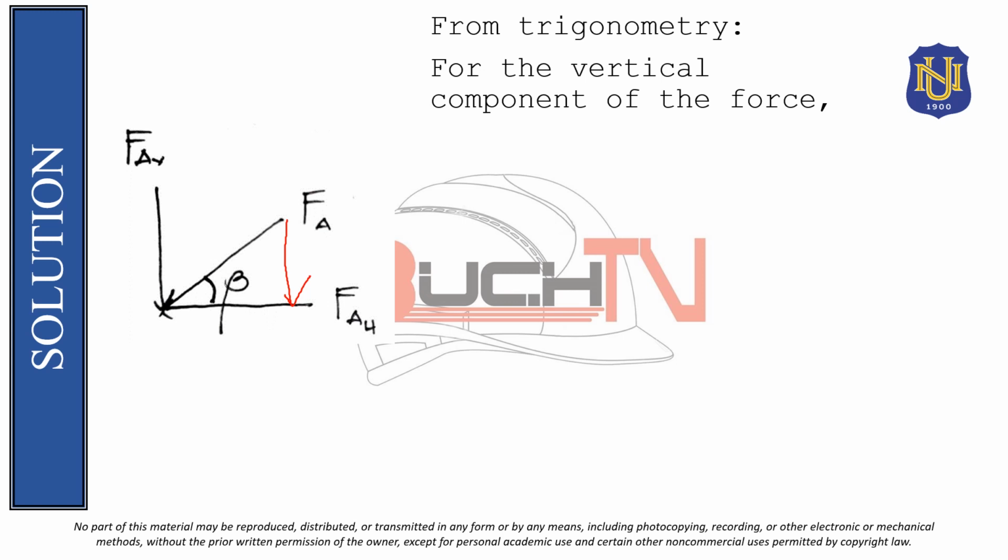So pwede nating sabihin na coming from SOHCAHTOA, that is sine is equal to opposite over the hypotenuse. So that is a sine of beta equivalent to F sub AV, or the vertical component of the active force, divided by the active force.